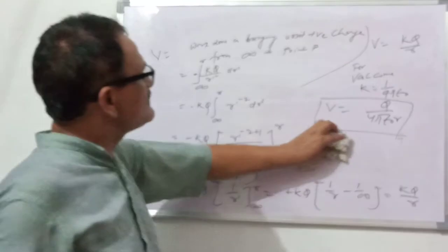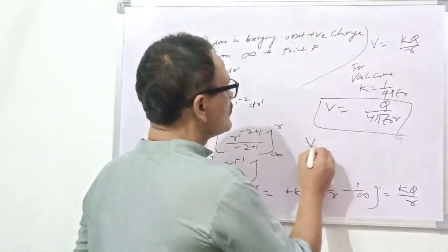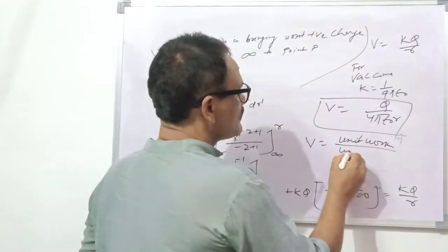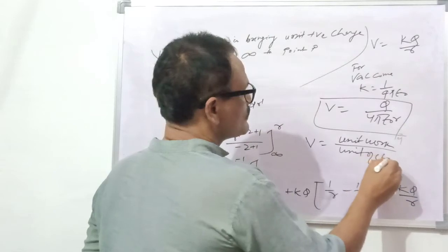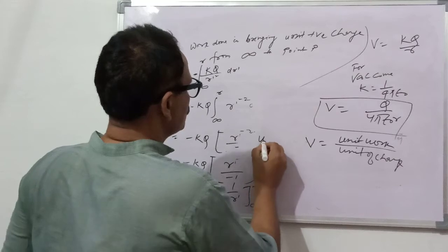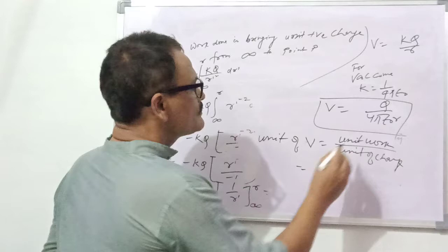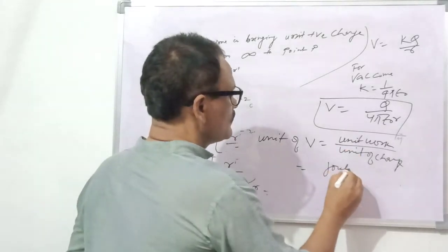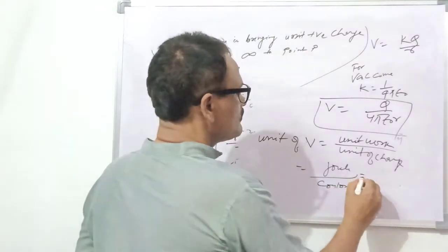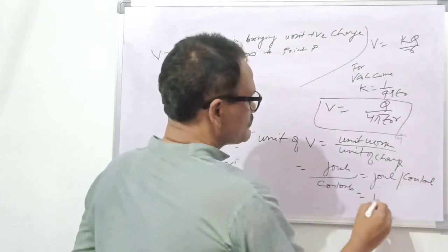Since it is the work done for the unit positive charge, its unit is the unit of work divided by the unit of charge. The unit of work is joule and the unit of charge is coulomb, so joule per coulomb, and it is known as volt.